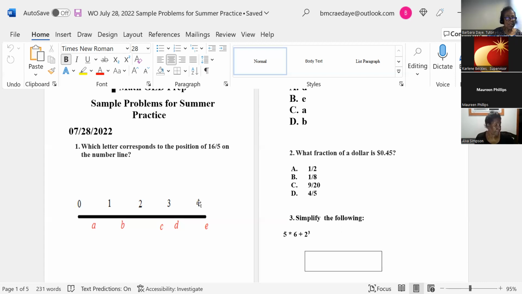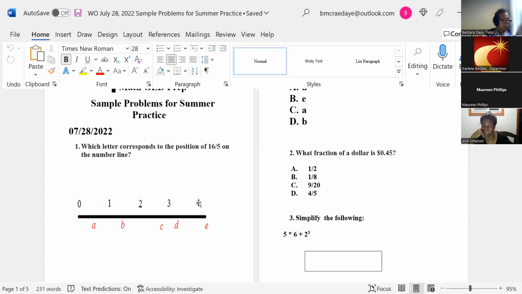Okay, so we're just getting started on the sample problems for the summer practice. Go ahead, Maureen, read number 1. Which letter corresponds to the position of 16 divided by 5 on the number line? Okay, 16 divided by 5.